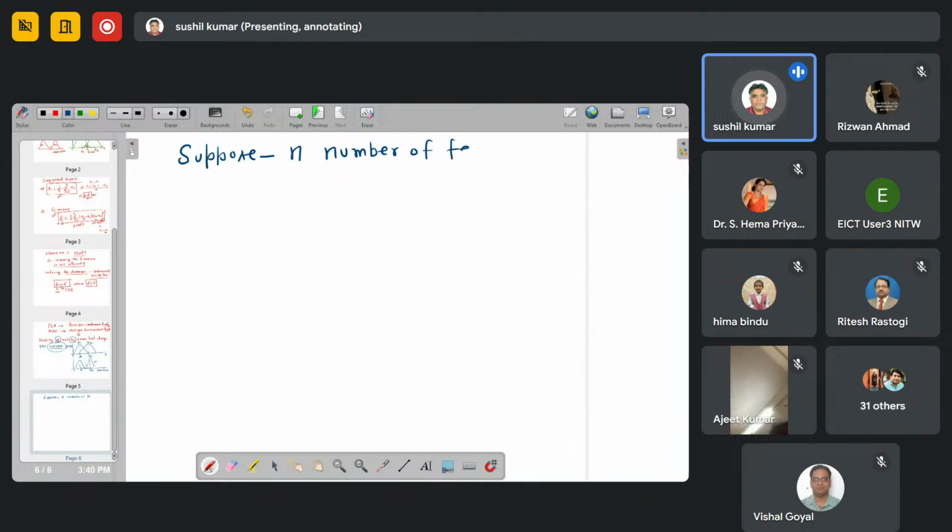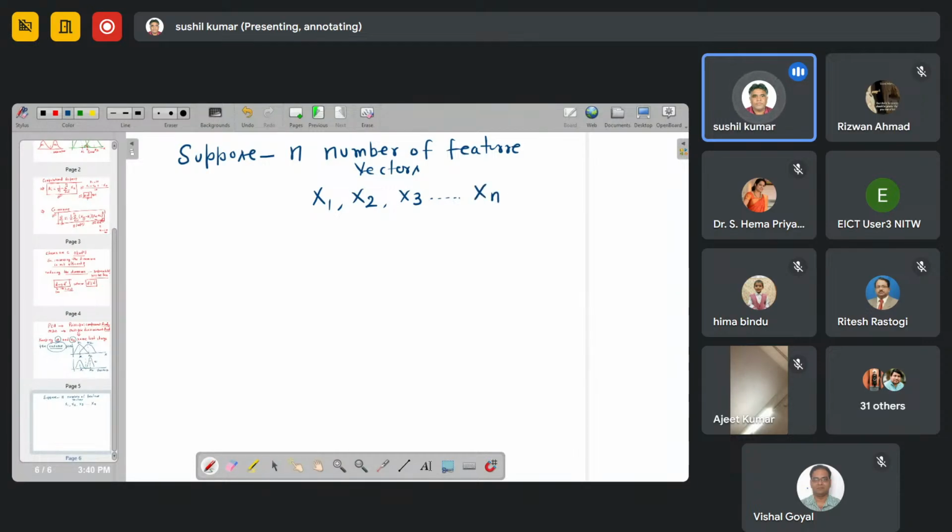I am denoting the feature vectors by x1, x2, x3, up to xn.